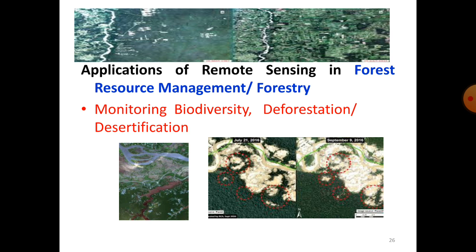Since these are placed in very remote areas, gathering information of such areas is very difficult. But satellites and microwave remote sensing will provide the information related to the biodiversity, deforestation as well as desertification of forests.